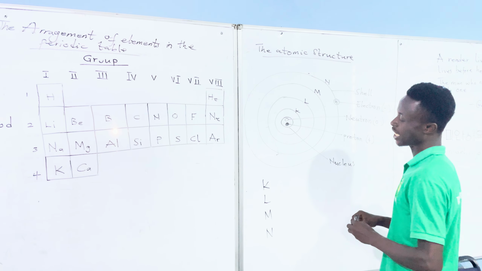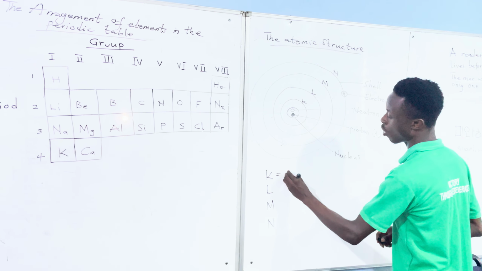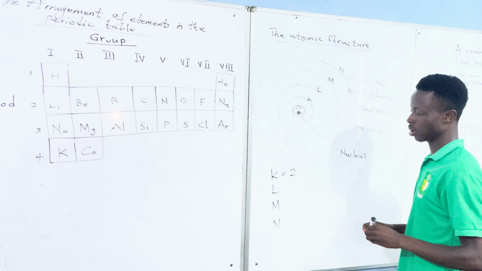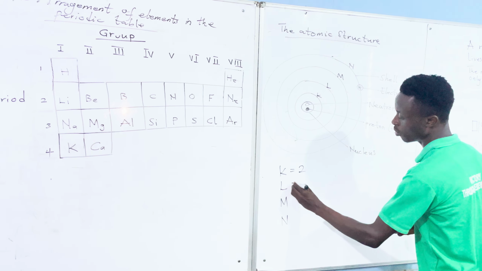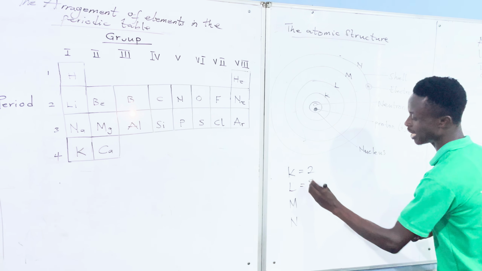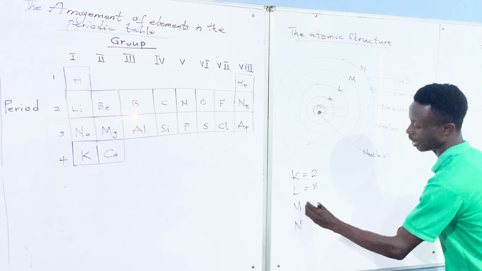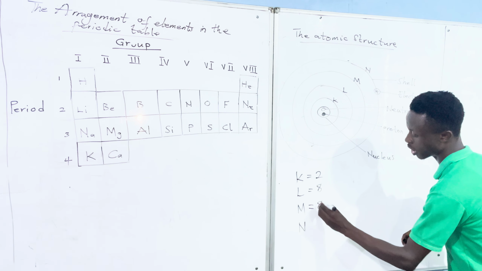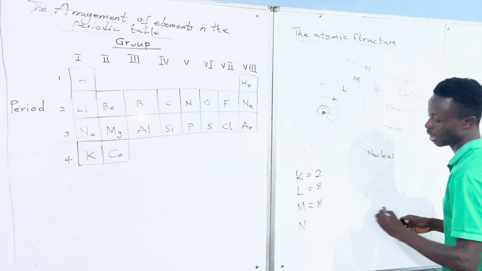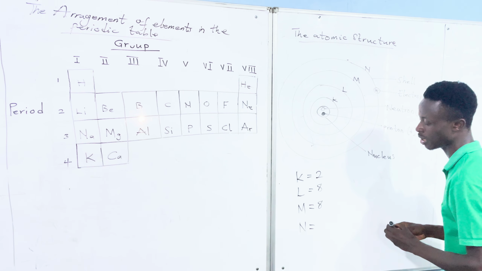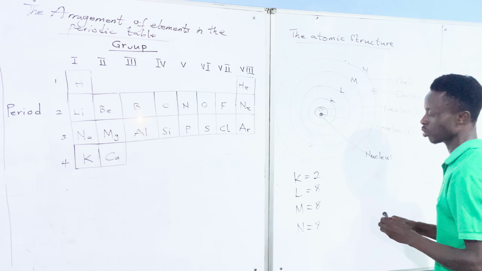The K shell takes a maximum of 2 electrons. The L shell takes a maximum of 8 electrons. The M shell also takes a maximum of 8 electrons. And the last shell, the N shell, takes a maximum of 8 electrons.